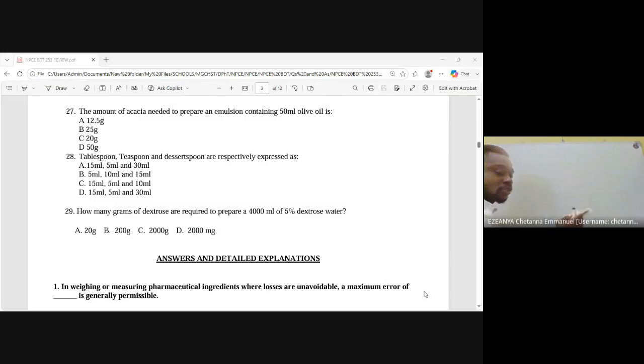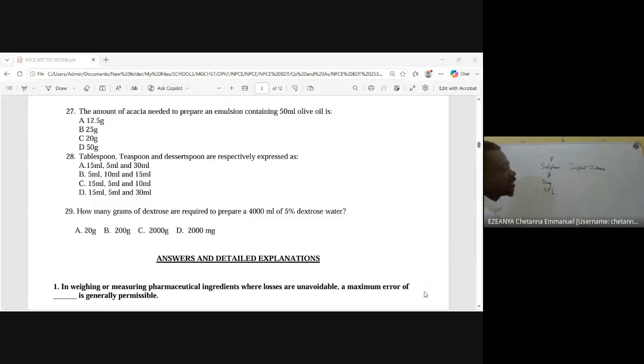But they talk about sulfur. This is the difference between sulfur, which is the drug, and sulfur ointment. Please, these two are not the same thing. Sulfur is the drug, or the active pharmaceutical ingredient. Call it drug or call it active pharmaceutical ingredient.